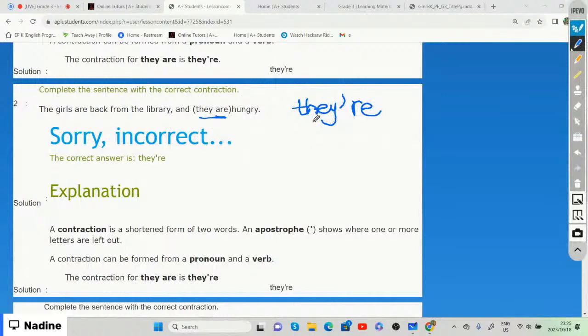And there we have our shortened word, they're, which is they are. Instead of saying they are, we can say they're. This is our contraction that is formed by a pronoun as well as a verb.